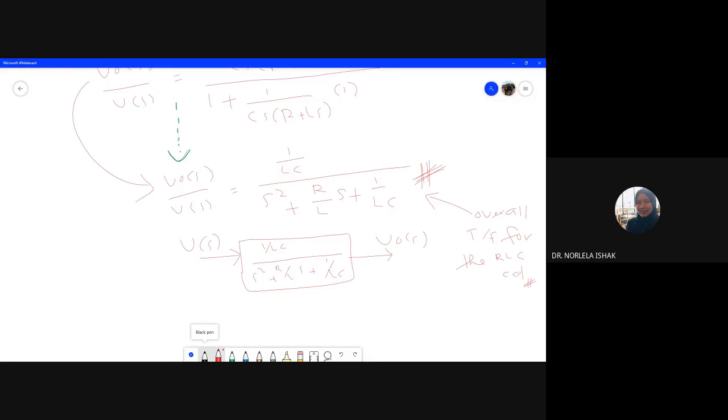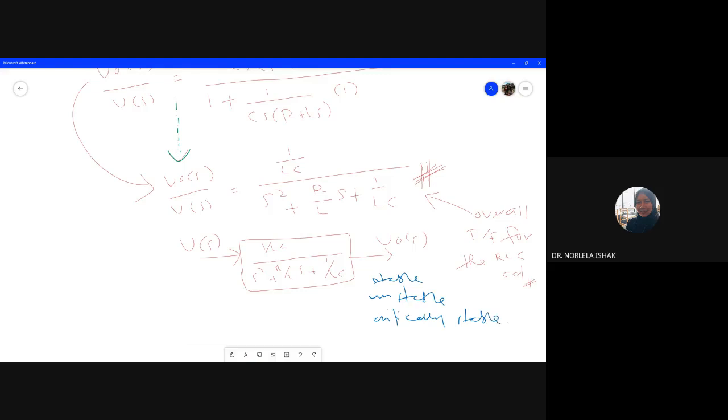Okay, from here we already have the overall transfer function, meaning we can analyze what type of behavior our RLC circuit has. What type of behavior means you want to define whether our system is stable, unstable, or critically stable.